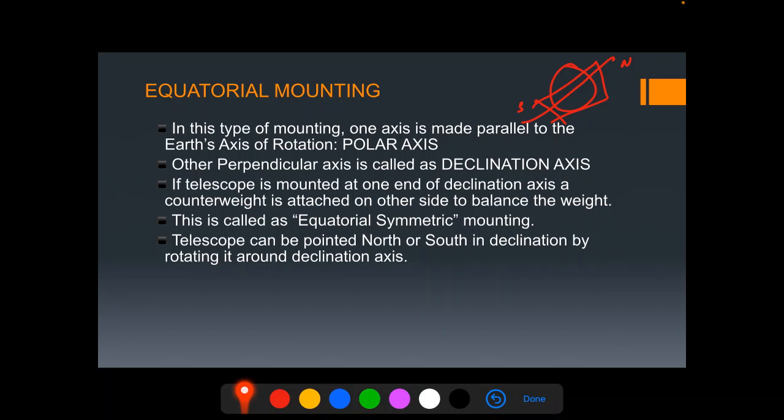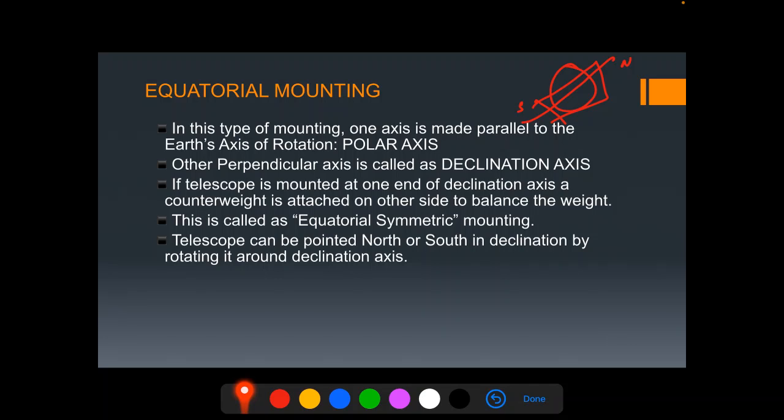Again, to observe different celestial objects in the sky, your telescope has to be moved in particular directions. Your telescope should be able to move in a north south direction as well as an east west direction to track a star or a planet or any object that you are going to observe.